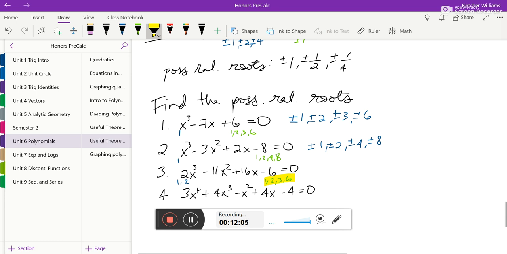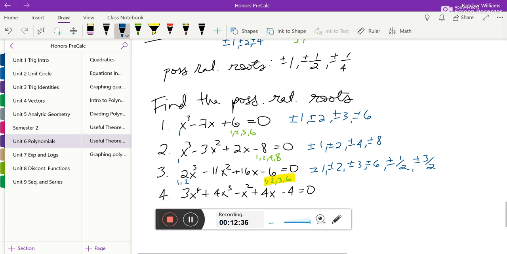So I always just write those 4 numbers down, because all those 4 numbers divided by 1 just stay the same. So I'll write plus or minus 1, plus or minus 2, 3, and 6. And then I look at the other number from the leading coefficient. Okay, so there's a 2, so 1 over 2. I don't write 2 over 2 because I've already got it. 3 over 2.